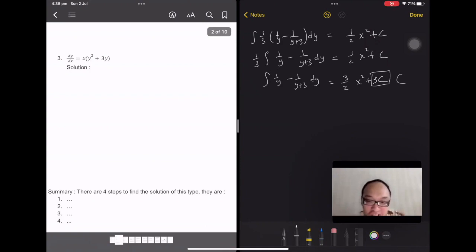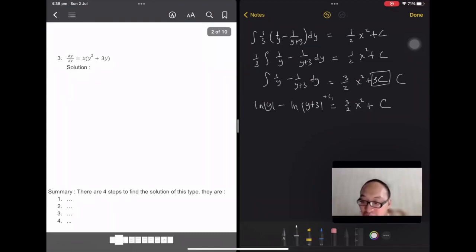So solving the left-hand side becomes ln y minus ln (y plus 3) equals 3 over 2 x squared plus c. And don't forget, we have c1 here.